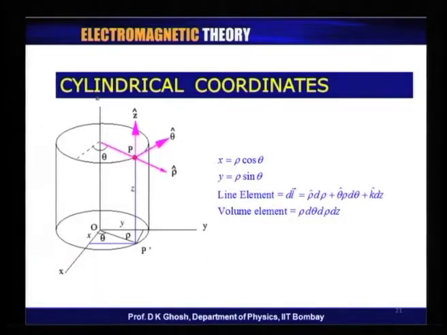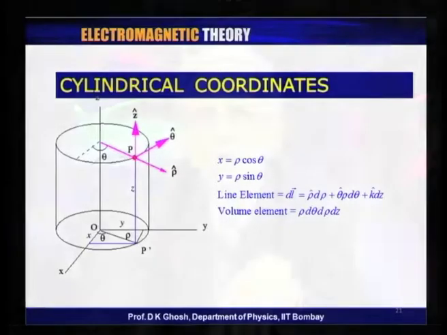Now, cylindrical coordinate system is extremely easy to understand, because its z axis is identical to the z axis or the z direction of the Cartesian coordinate system.